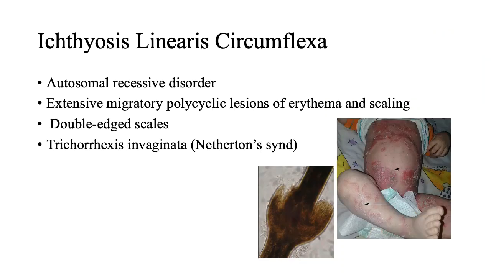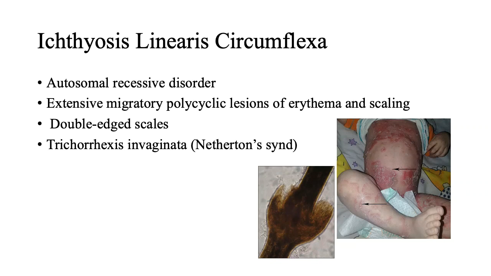The third type of minor variant of ichthyosis is known as ichthyosis linearis circumflexa. This is an autosomal recessive disorder. This is clinically expressed as extensive migratory polycyclic lesions of erythema and scaling. The skin scales seen here are very characteristic, showing double edges. When this skin condition is associated with Netherton syndrome, one abnormality of hair is very commonly seen, which is known as trichorrhexis invaginata.